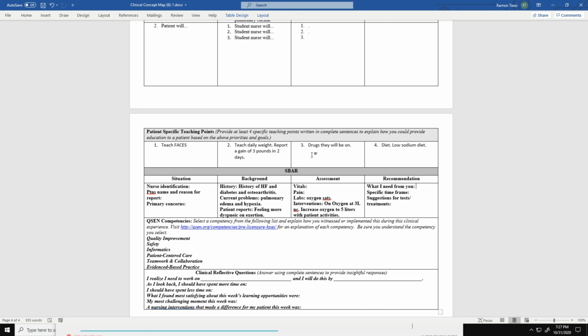You just say, is there anything we can give him along with that 20 milligrams of Lasix, because the patient's pulmonary edema or the patient's symptoms of dyspnea haven't helped yet. Now, the doctor might give you an order for something like albuterol, might give you an order to increase the oxygen, or it might give you an order to increase the Lasix that they're on. That will be the doctor.